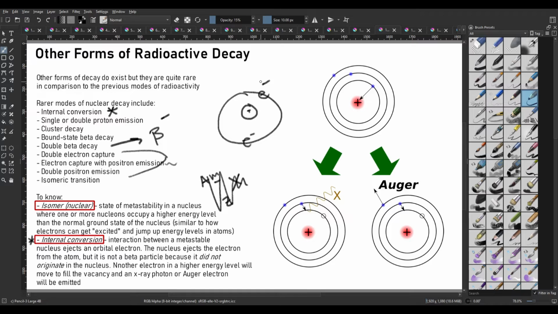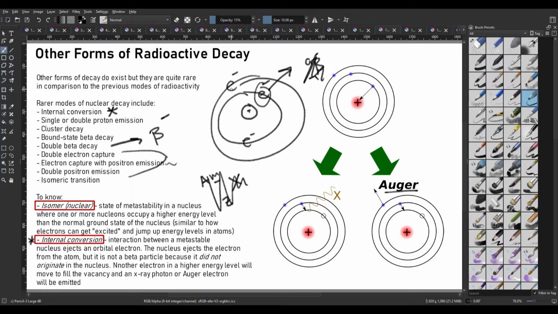There's 2 electrons here. Maybe we say this is a lithium atom. The nucleus is going to say, I don't like this electron, so it's going to boot it out of the atom. This electron is ejected from the atom. It is not a beta minus particle because it did not come from the nucleus. So this is not a beta minus particle. It's just an electron being emitted, an Auger electron over here.